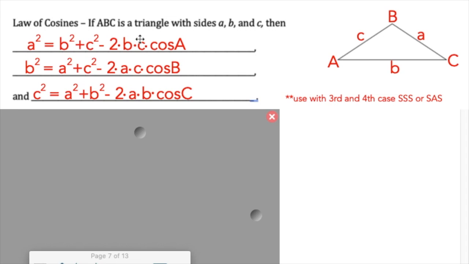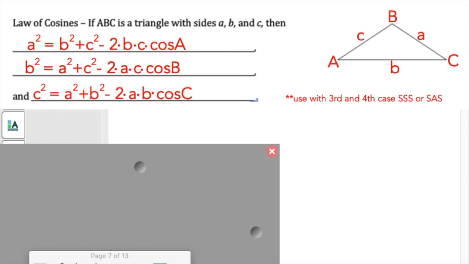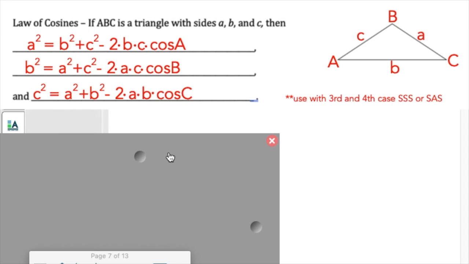You can use law of cosines on the first two cases, guys and gals. However, or on the second case for sure. However, it's quicker to use law of sines, setting those cross products equal to each other in one step. There's several steps involved here, okay? So that's what we're going to focus on getting through here, law of cosines, using a few examples.